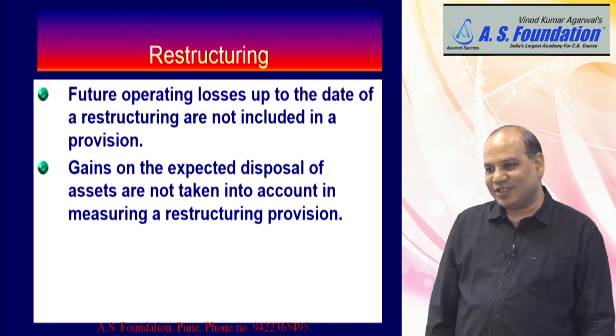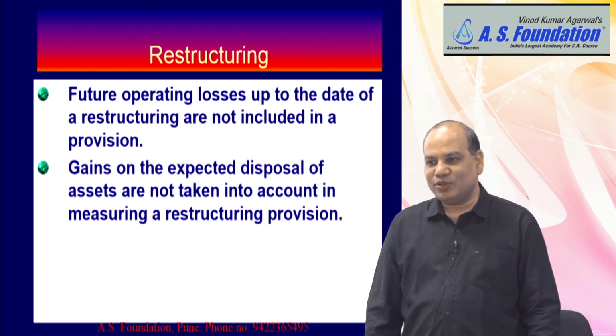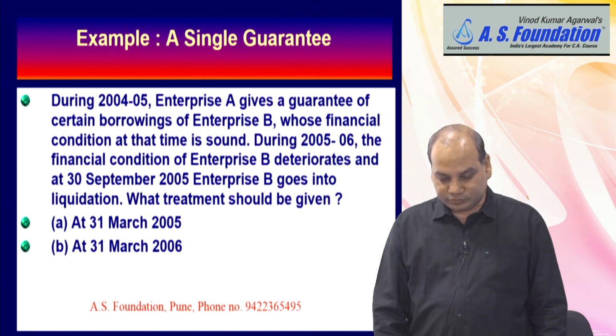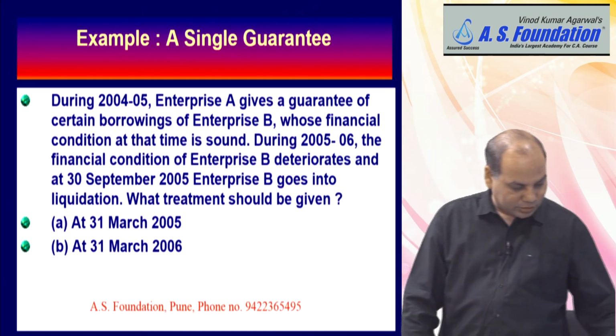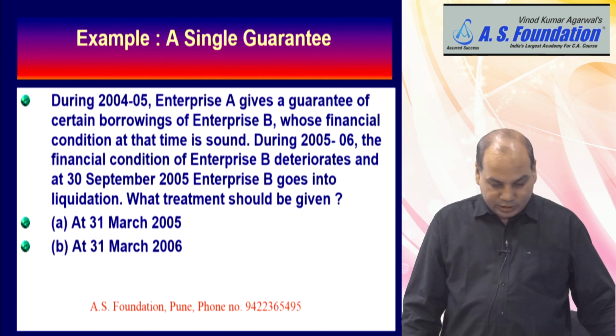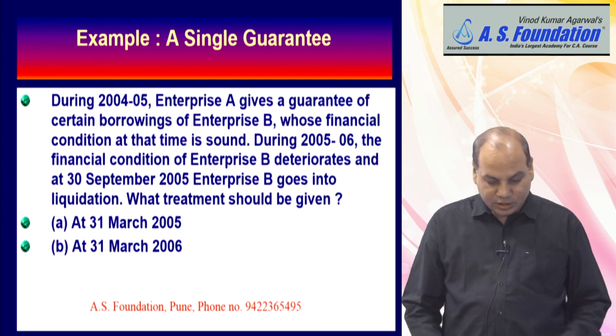Now one more question I will solve and then this wonderful standard will be over. So question on the screen. It is also a question in your book, which you will find as example 6.